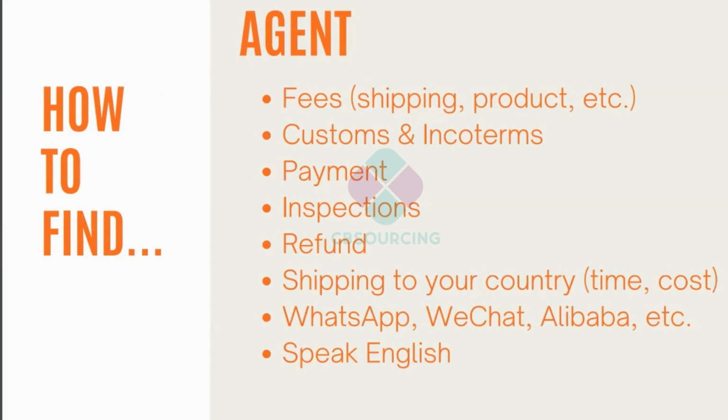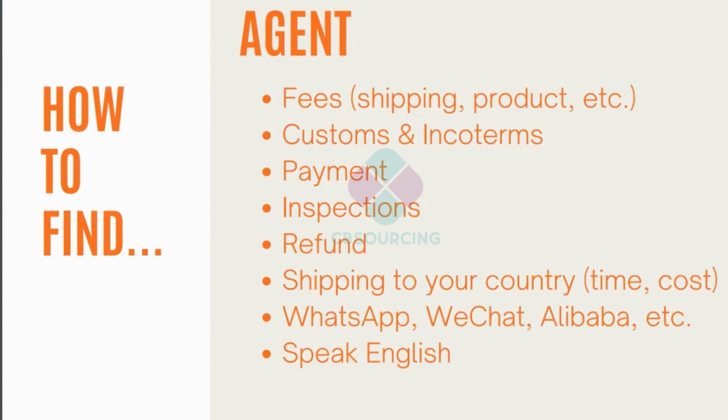And the last thing would be if the agent speaks English. Now, hopefully everyone that purchased this webinar, you speak English. However, whatever language you speak, make sure you ask the agent if they speak that language.